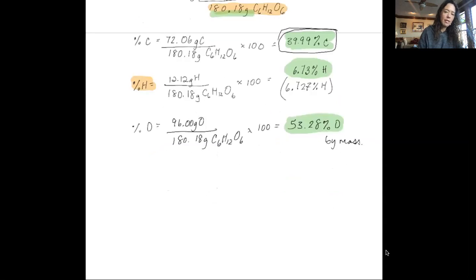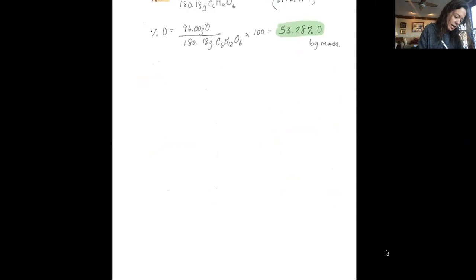Now let's apply that. How could we apply that? A sample of C6H12O6 has a mass. I don't like to use the word weighs.